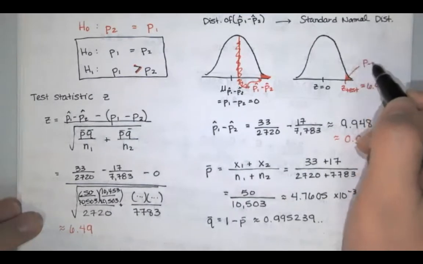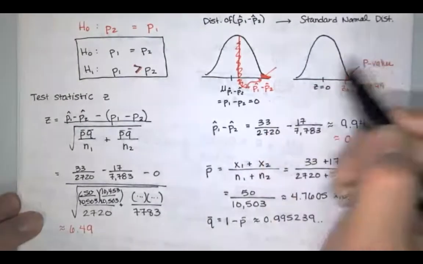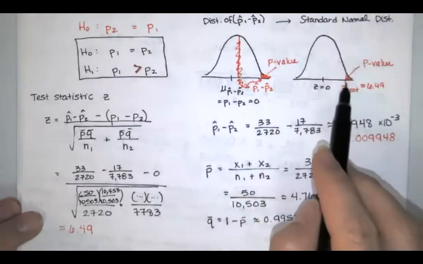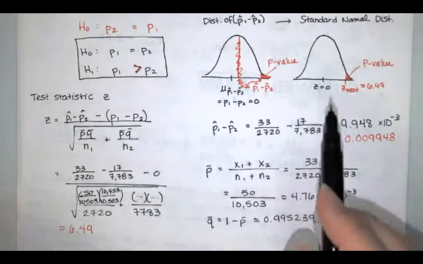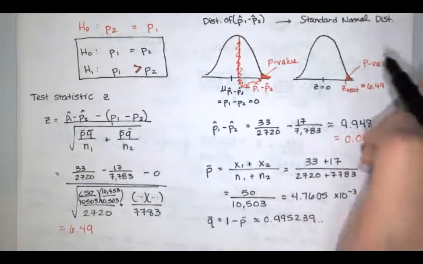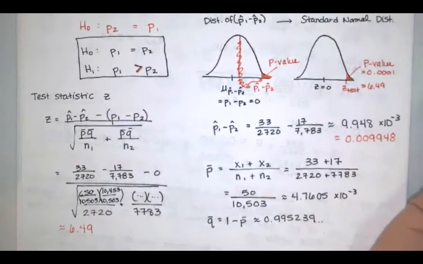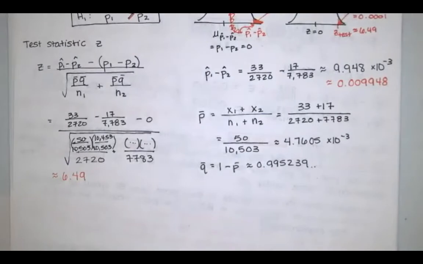So this p-value, that probability, that area under the curve, is the p-value there. Well, that's the same as this area over here. So when we compute this, what we're actually computing is this. Now, if I use table A2, they're going to tell me that this area is 0.0001. And if you're saying to yourself, how do you know that? Let's talk it through.